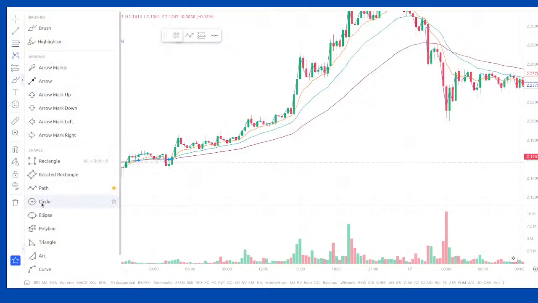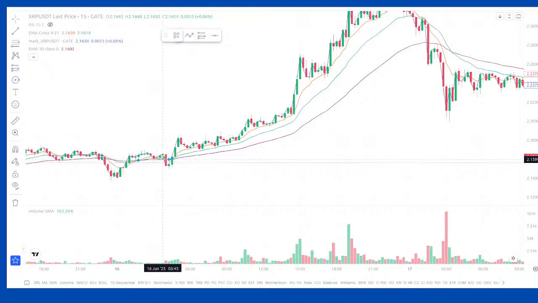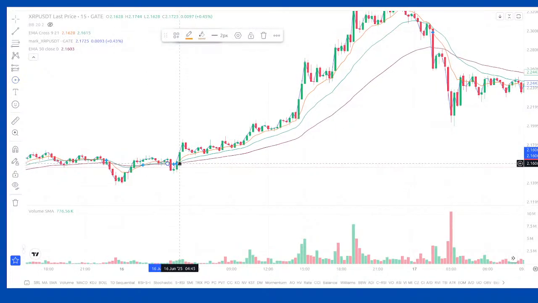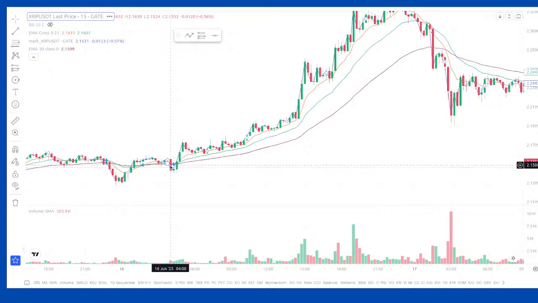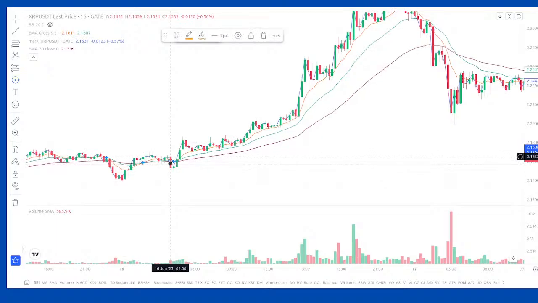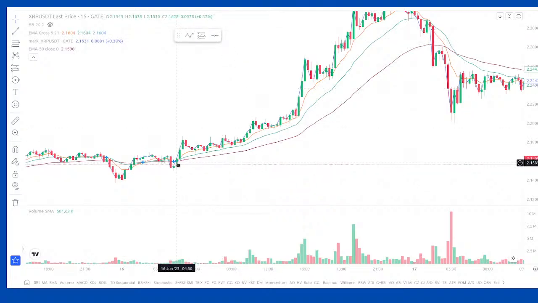I wanted to draw a large circle, but my screen keeps denying me a chance. All right, I can still delete it. I think you get the point.